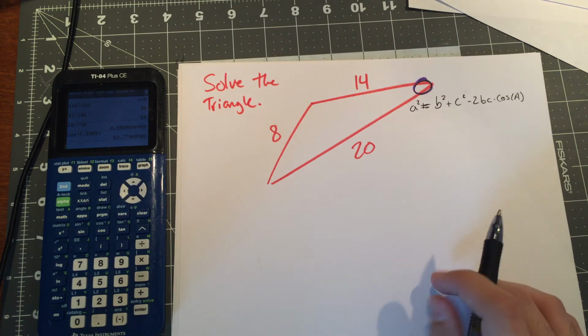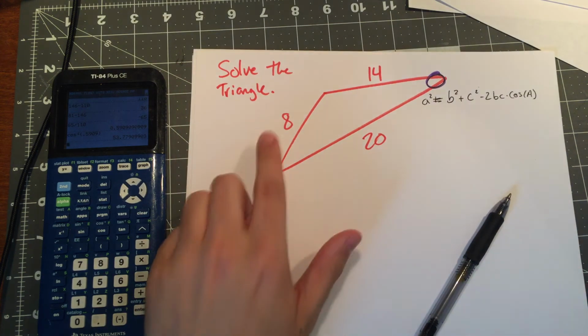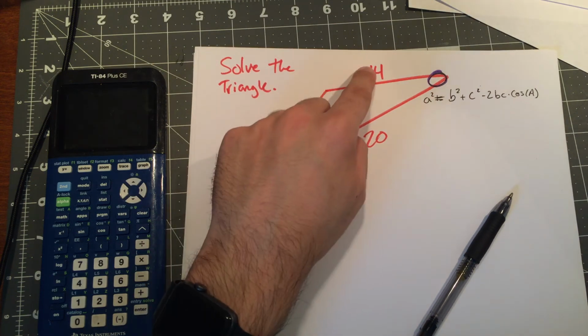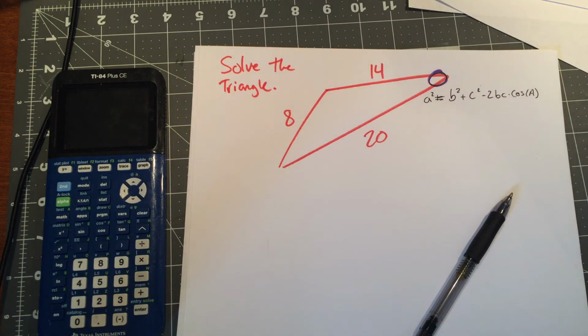All right, so let's start with 8 as my a squared. I'm going to make this b squared and this c squared.